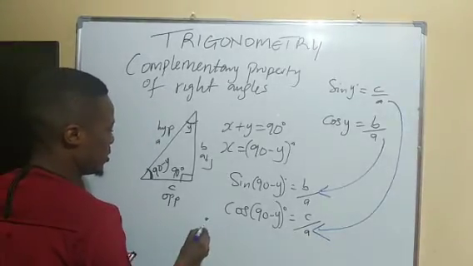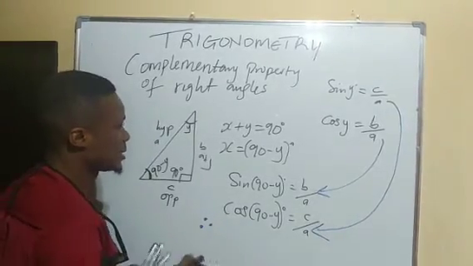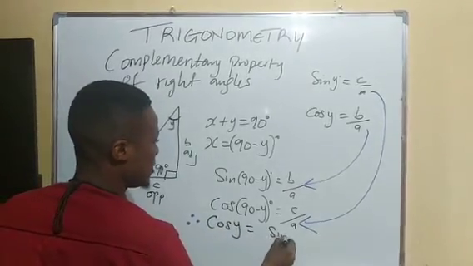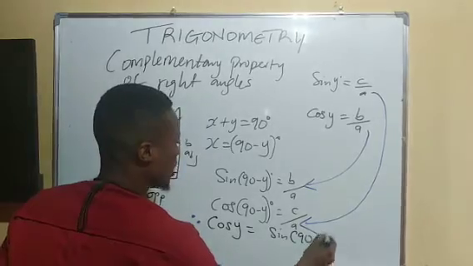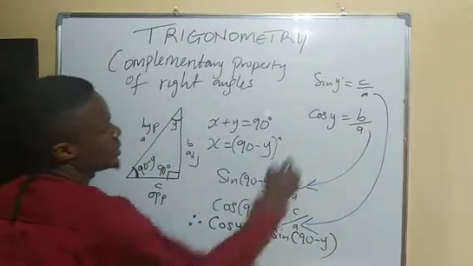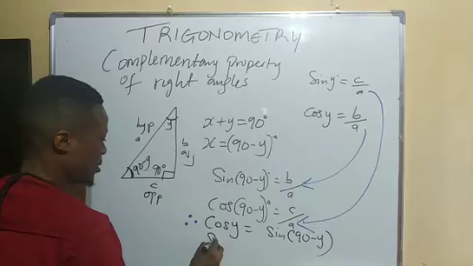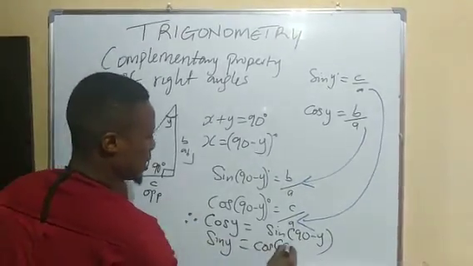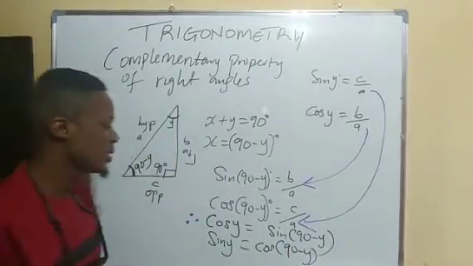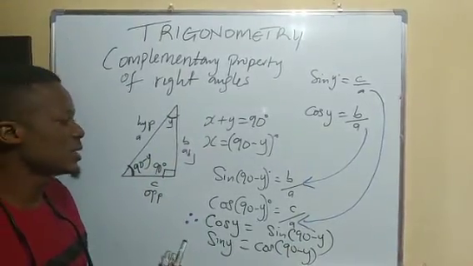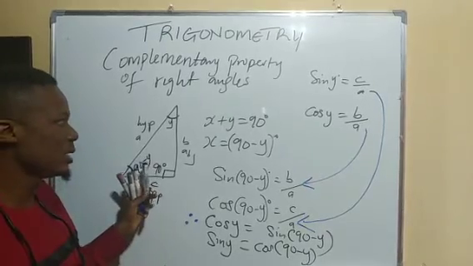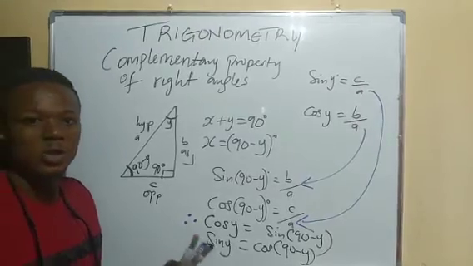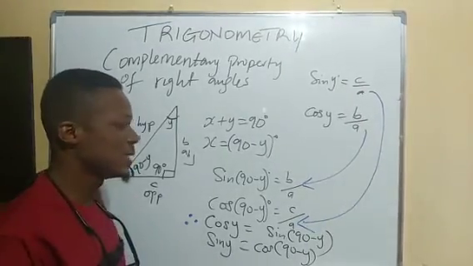So therefore, we can write that cos y is equivalent to sine 90 minus y, and again sine y is equivalent to cos 90 minus y. This is an important relationship that exists in triangles like this, in right angle triangles. So we call it complementary property of angles, because complementary angles sum up to 90 degrees.